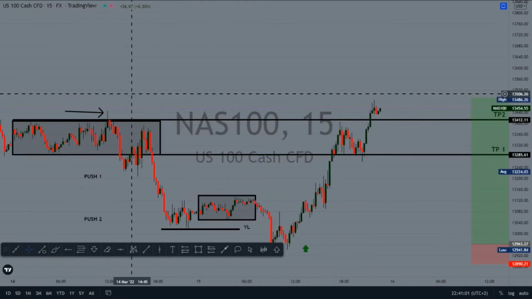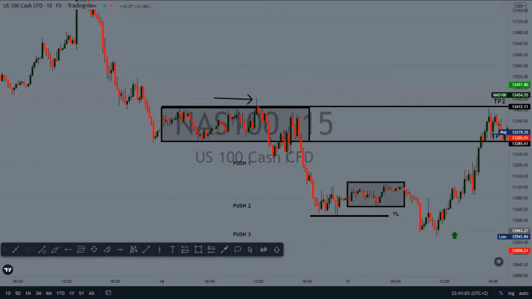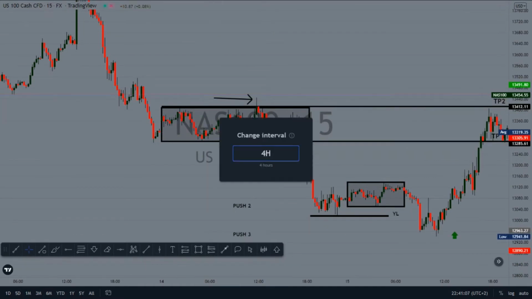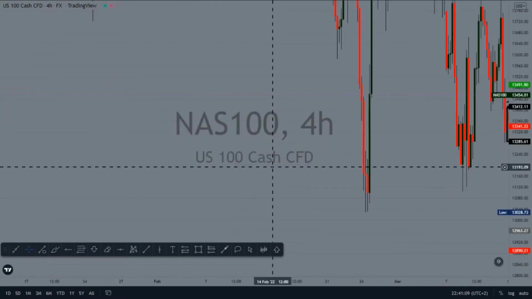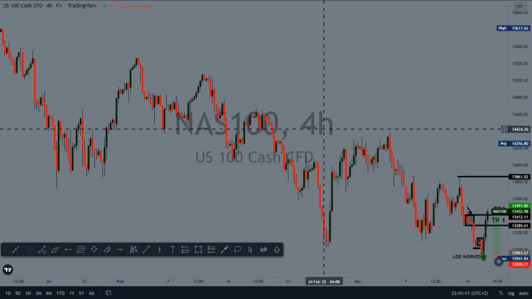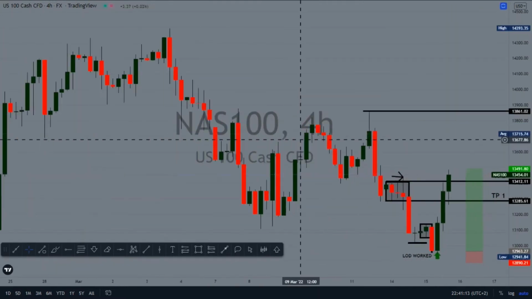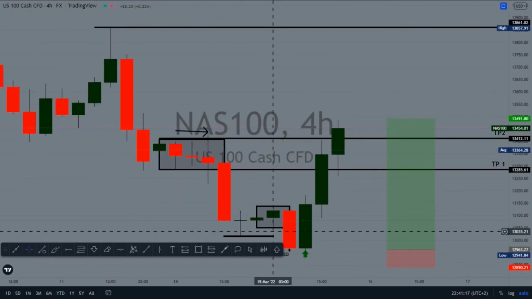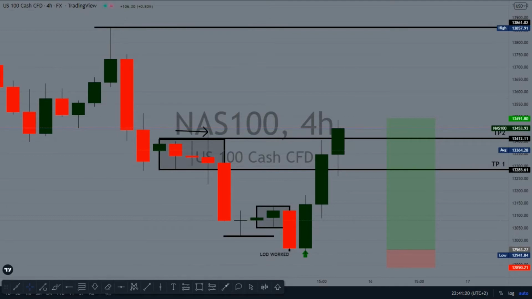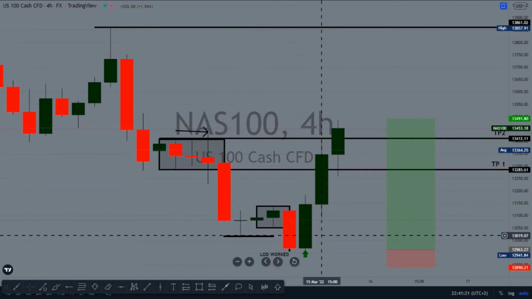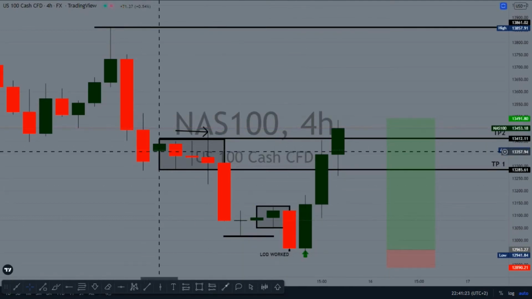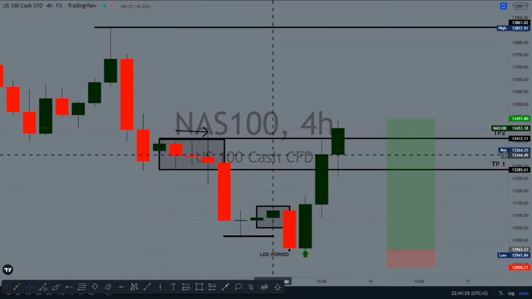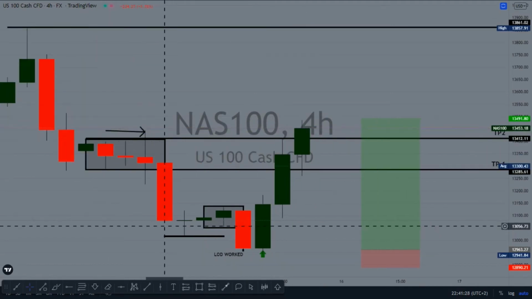Let me show you where you draw it. If you go on the 4 hour, it will look like this. You see it's the same pattern which happened today, but this is just in a larger time frame, and the pattern is always the same.